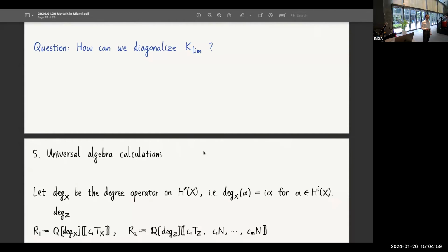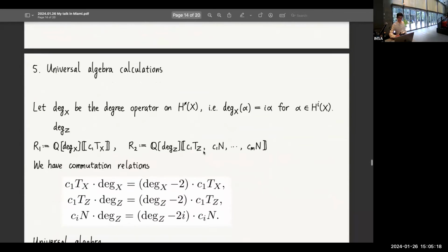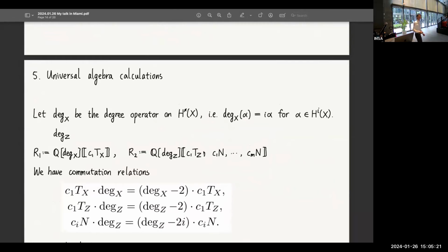Then we consider R2, which is the ring Q with the degree operator for Z, together with C1 of TZ, C1 of N, until Cm of N, all considered as formal variables. Unfortunately, these rings are not really commutative. They have a little bit of non-commutativity because of this degree operator. So we have the following commutation relations.